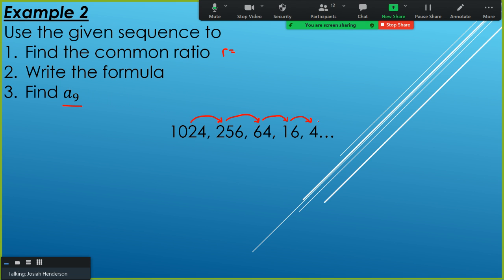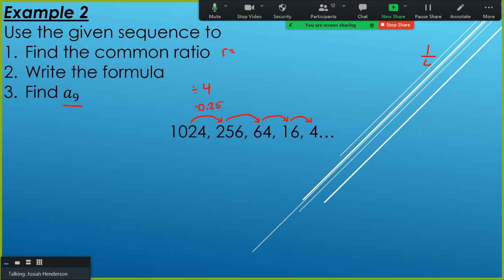So one person said it's 0.25. You're right. Technically, that is multiplying by the decimal 0.25 each time. That works. Or you can think of it as dividing by 4. It's the same thing. Let me show you on the right side.